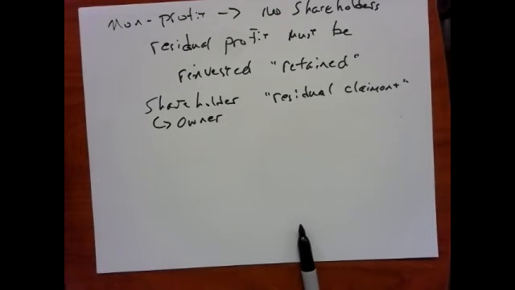Now, ownership of a not-for-profit is a more abstract, conceptual thing. Nobody really owns it per se. It's owned by the community, so you're going to want representatives from the community to be board members.